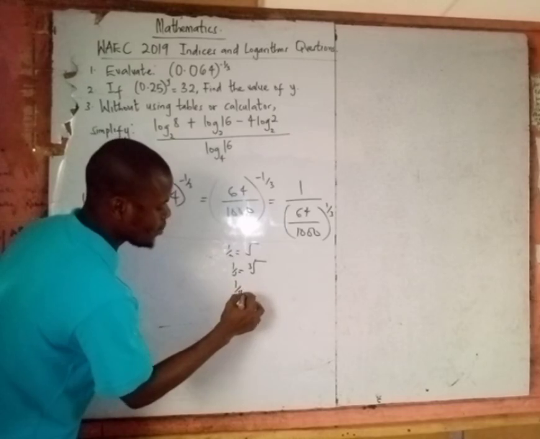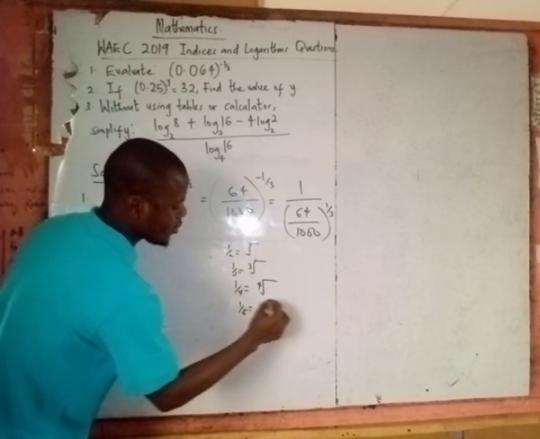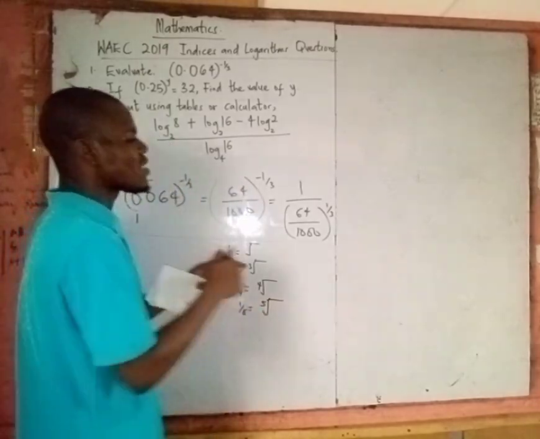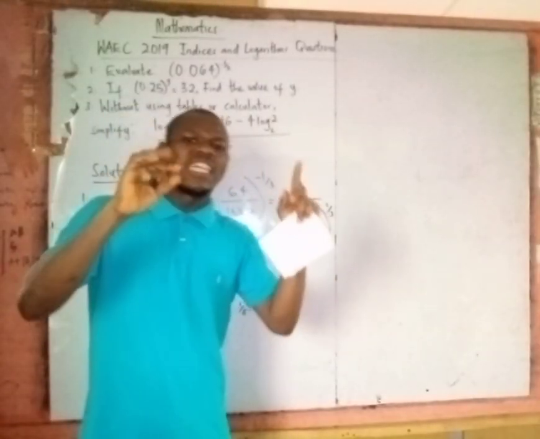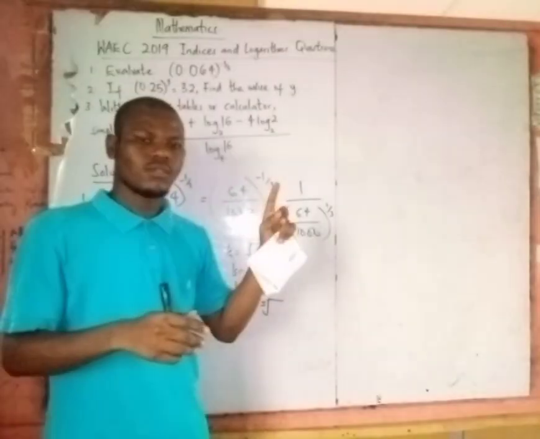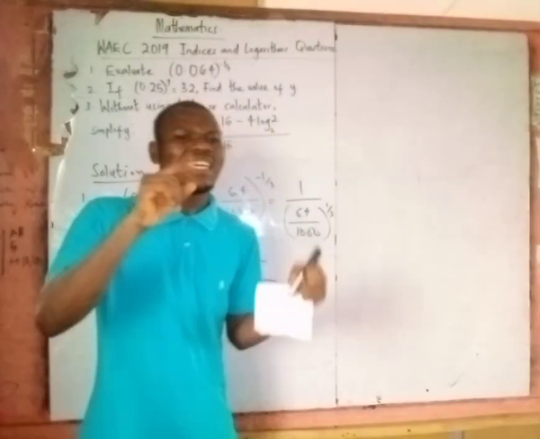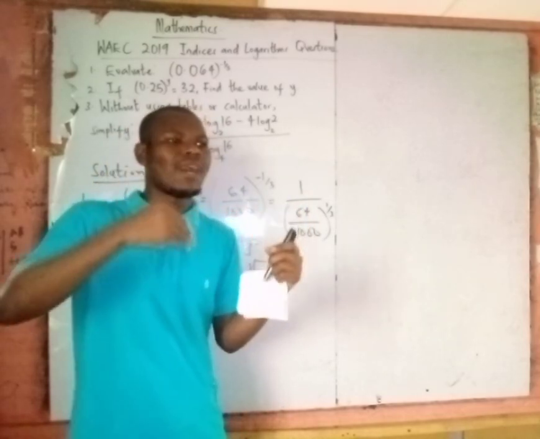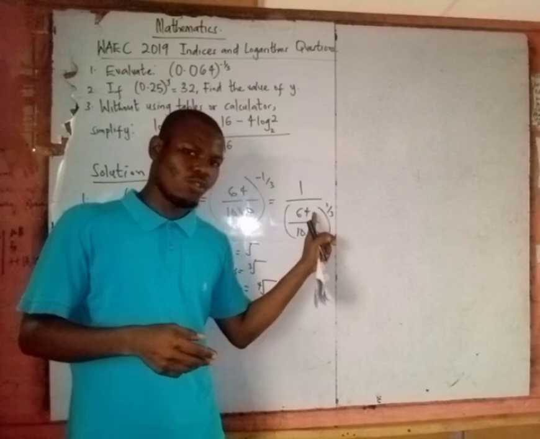If you have 1/4, you find the fourth root. If you have 1/5, find the fifth root. So this means find a number that, when you multiply it 3 times, will give you 64.